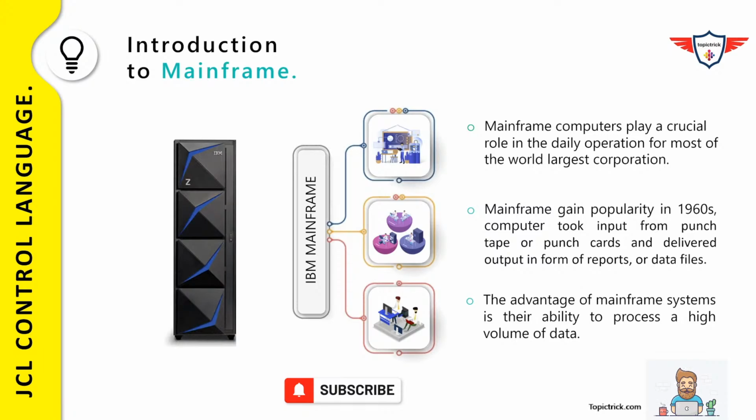In the decades since the 1960s, mainframe computers have steadily evolved to achieve enormous processing capability. In today's era of cloud computing, mainframe is still considered the most powerful, secure, and reliable computing platform.